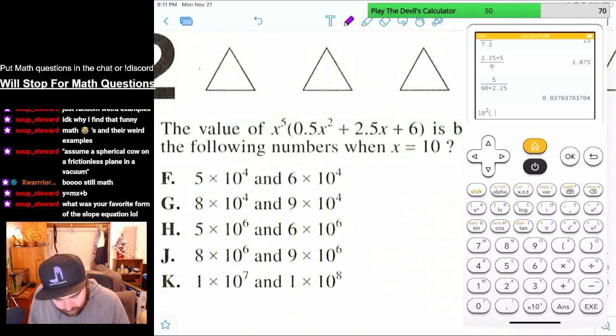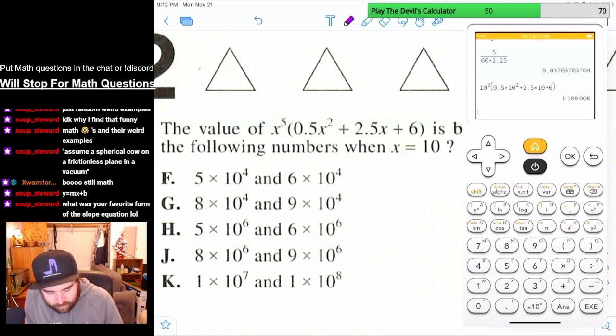Oh, it's not 10 squared, though. It's 10 to the 5th. 0.5 times 10 squared plus 2.5 times 10 plus 6. Syntax error because I didn't close the parentheses.